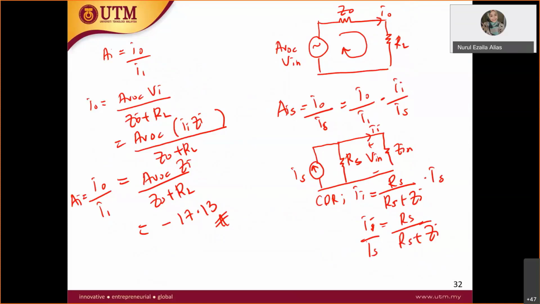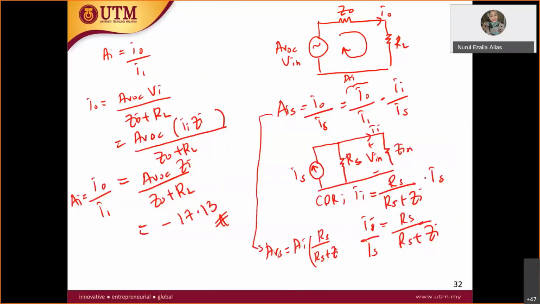So finally, you will get your AI, where I out, just now, is this portion, equal to AI times RS over RS plus Z in.